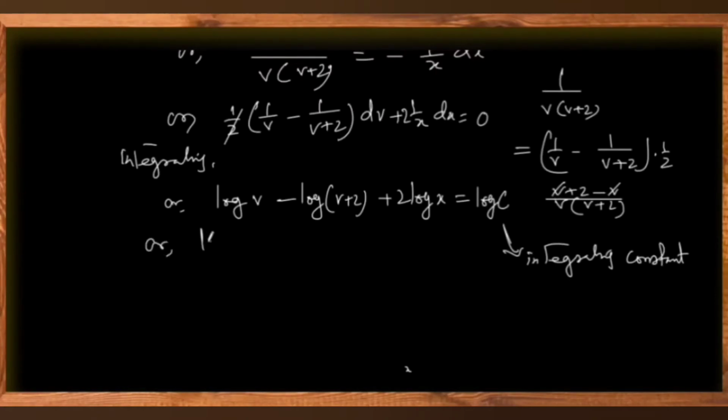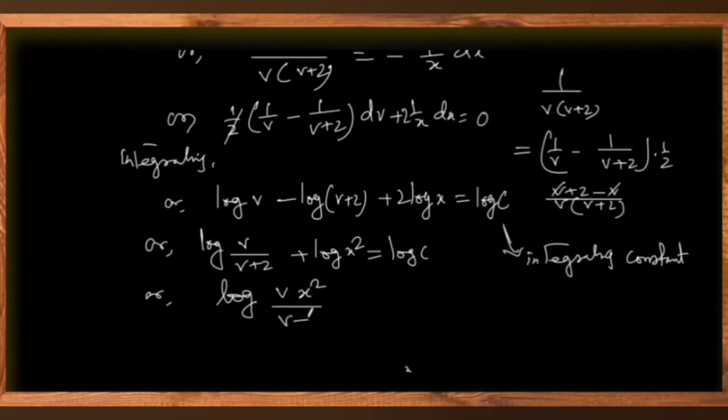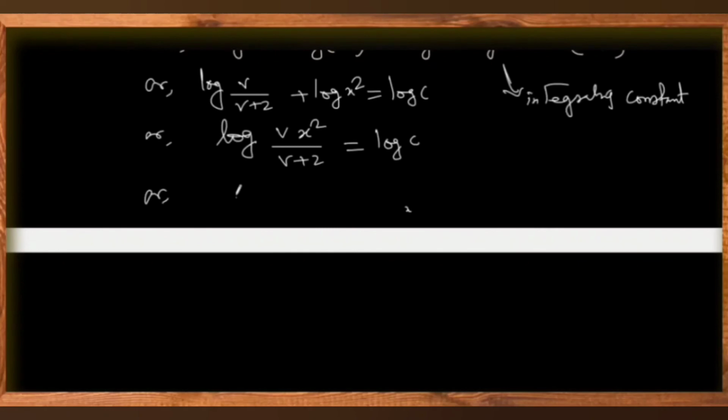We will write this by the logarithm formula. This is nothing but log of v upon (v plus 2) plus log x square equals log c, or log of v x square upon (v plus 2) equals log c, or we can write v x square upon (v plus 2) equals c.